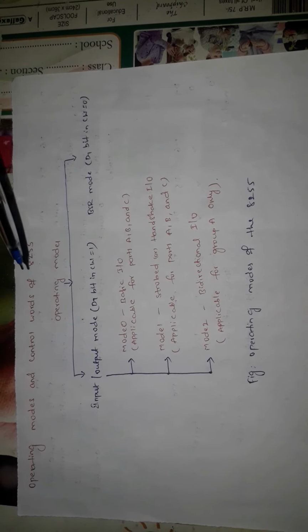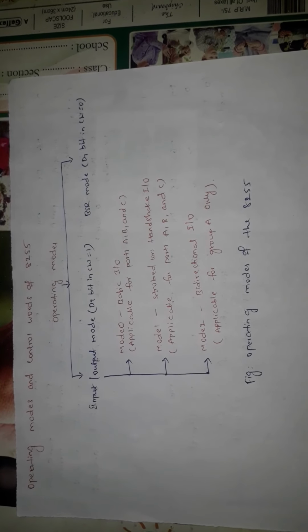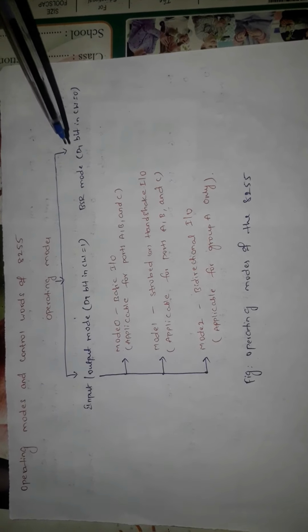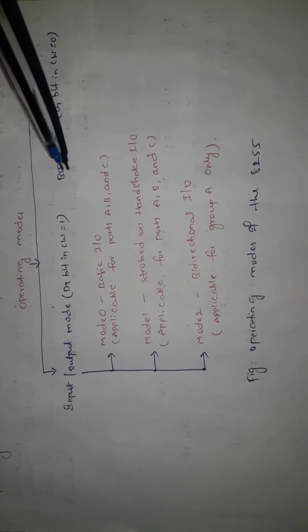Let us look at the operating modes and the control word register of 8255. We have 2 operating modes. One is the IO mode, that is input output mode, and another one is the BSR mode, the bit set reset mode.